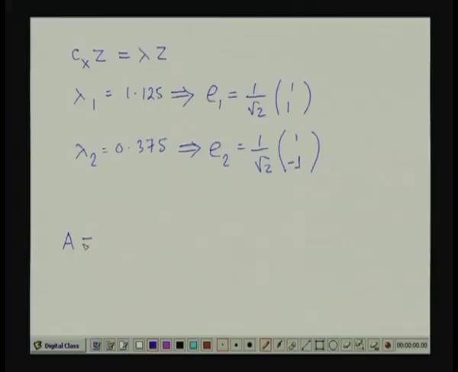So, in this case, the transformation matrix A will be simply given by 1 upon root 2 into [1 1; 1 minus 1].